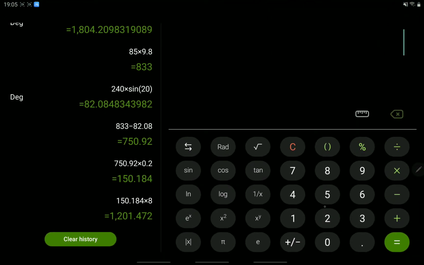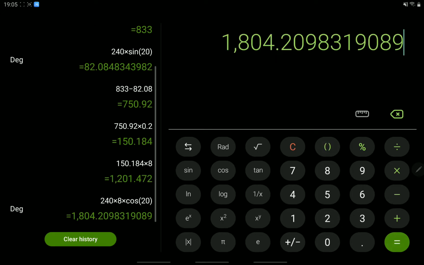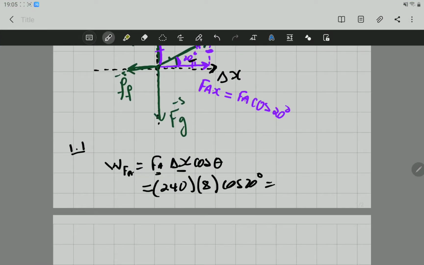So it's 240 times 8 times cosine of 20 degrees. That gives us an answer equal to 1804.2983. So we're going to round off to two decimal places, and that will be 1804.21. All right, so the answer is 1804.21 joules. That is the answer for 1.1.